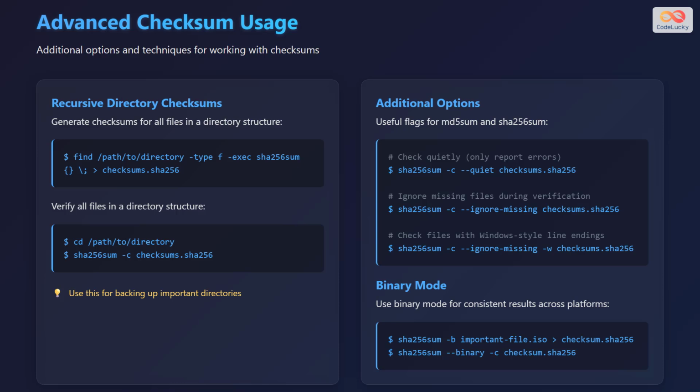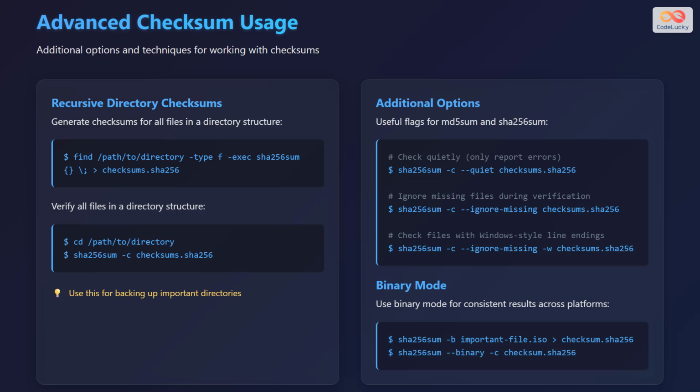To verify all files in a directory structure, change the directory to the path using the command cd /path/to/directory, and then run the command sha256sum -c checksums.sha256. Use this technique for backing up important directories.